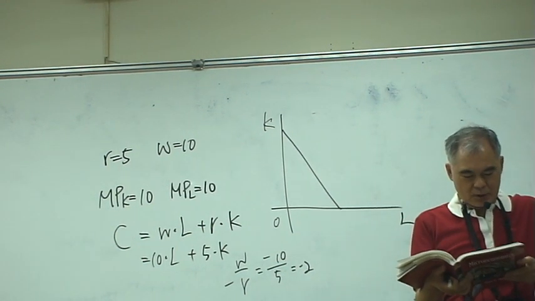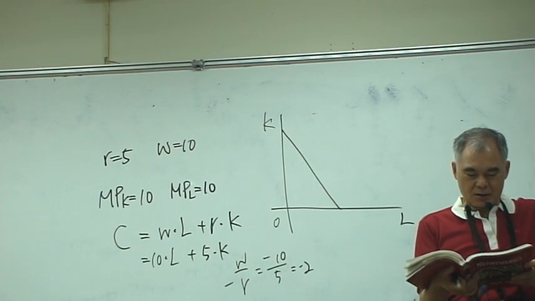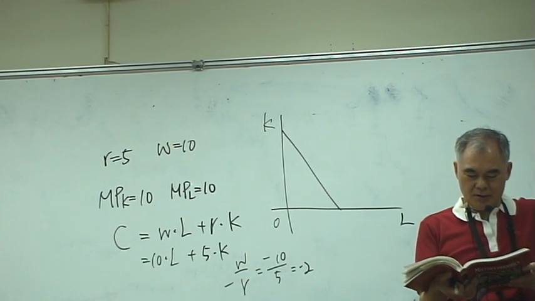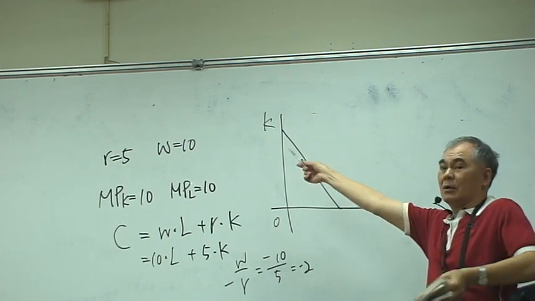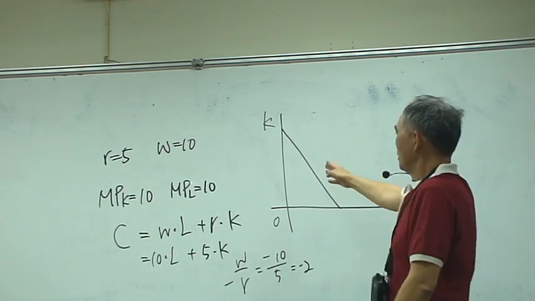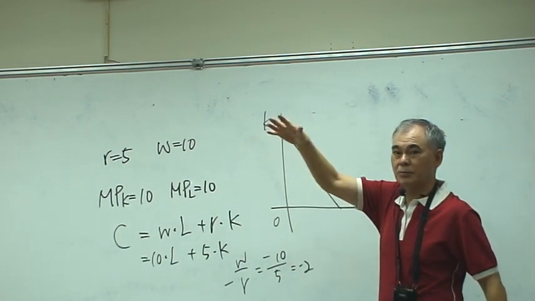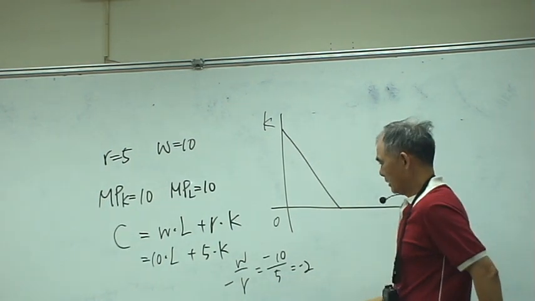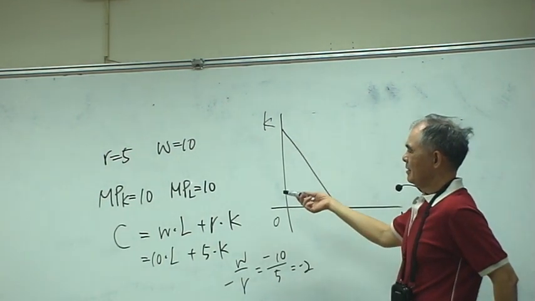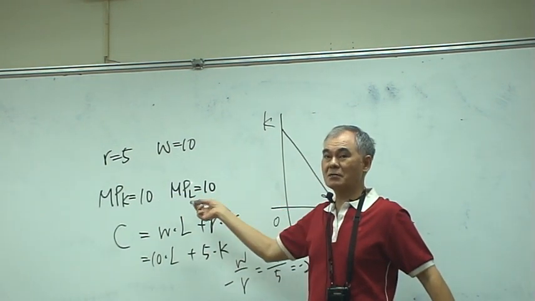So, question A, isoquant, show the firm's current input combination. Here the slope is higher, but for the isoquant, it should be flattened. But anyway, because I'm not sure if this is constant, suppose this is constant.